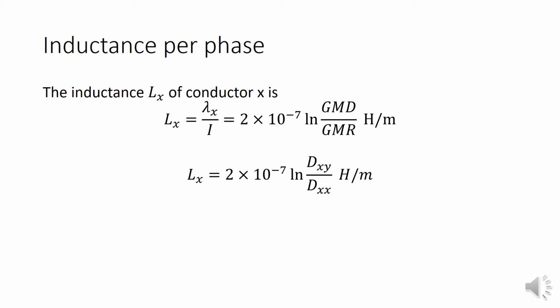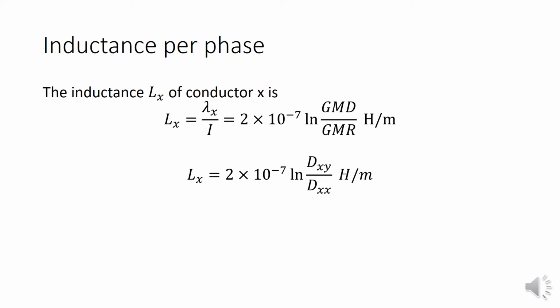Then GMR means geometric mean radius. Most of the time, these GMD and GMR we refer to as dxy over dxx.